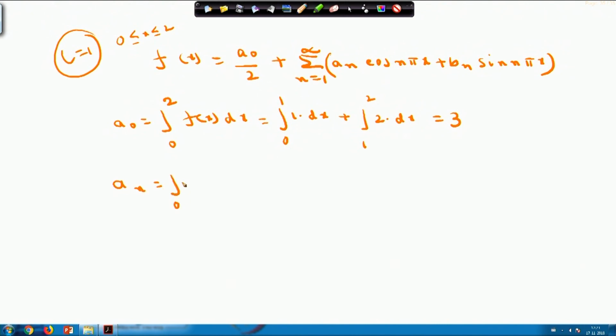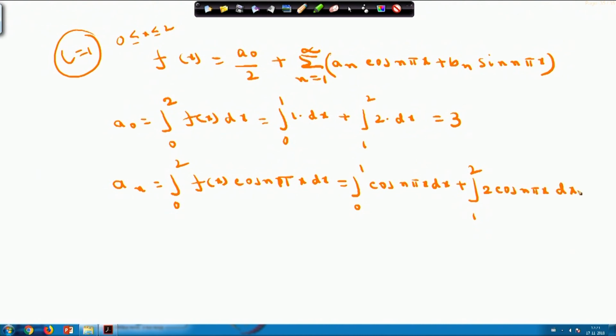Similarly, a n equals integral 0 to 2 f x into cos n pi x dx. This equals, you can write down, 0 to 1 cos n pi x dx plus 1 to 2, where the value is 2, therefore 2 into cos n pi x dx. If you evaluate the integrals, you will obtain the value of both the integrals as 0.